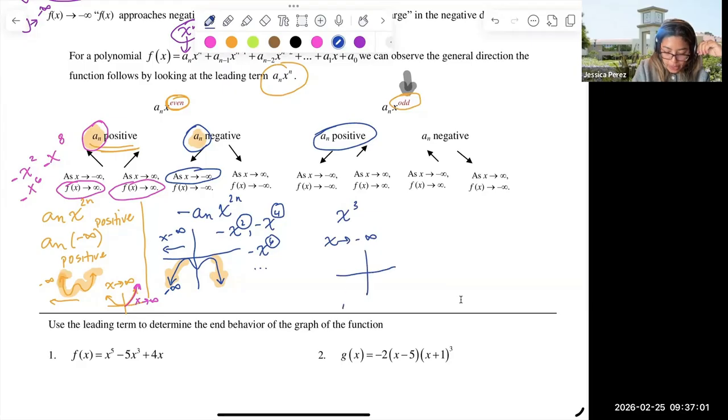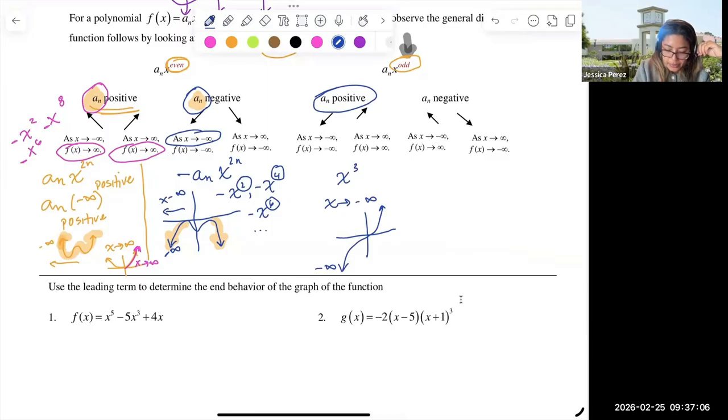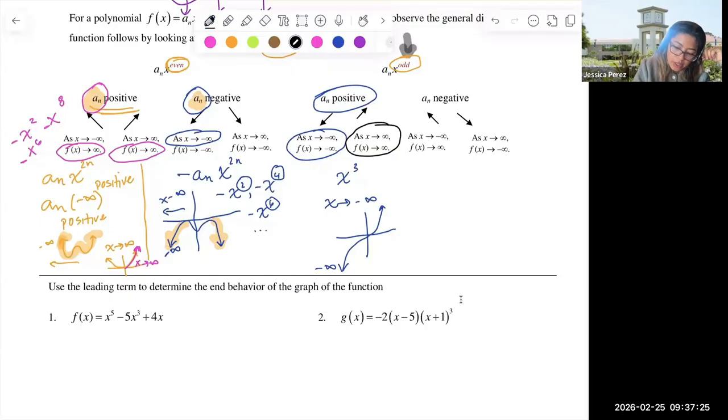Even though a sub n is positive, the polynomial is odd, so you will have this behavior. As x approaches negative infinity, y will go to negative infinity. Now, as x approaches positive infinity, going this way, y will also go to infinity.